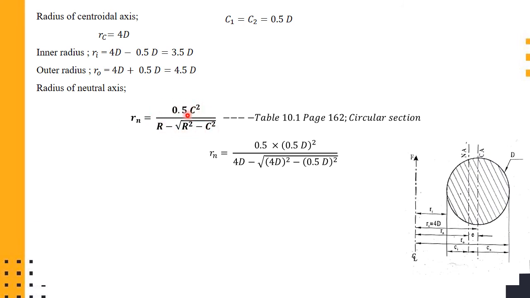The C value is the same, C1 is equal to C2, and it is equal to C, that is 0.5D. And R, as I have said, is nothing but the centroidal axis which we need to consider. So centroidal axis is 4 times D. You can substitute so that you will get the radius of the neutral axis in terms of D.